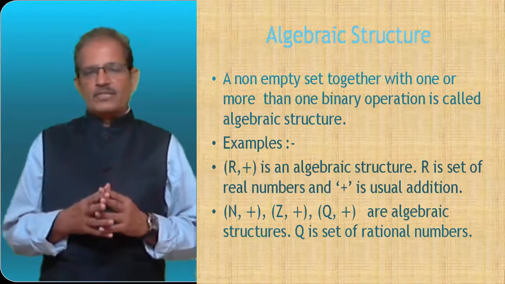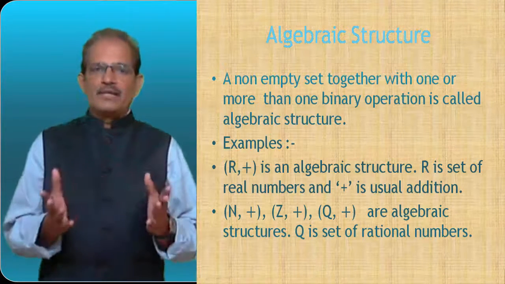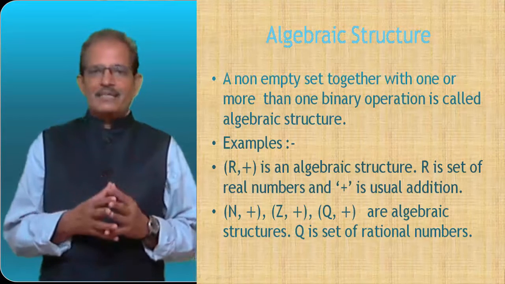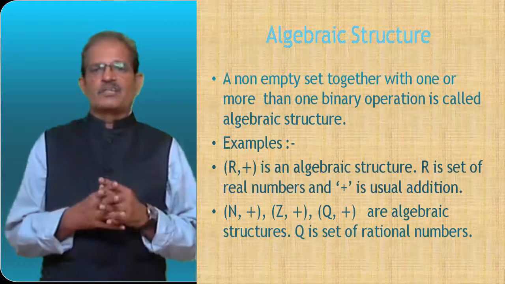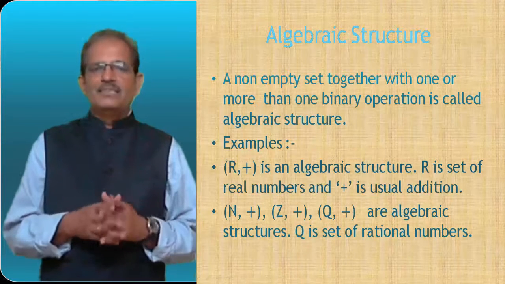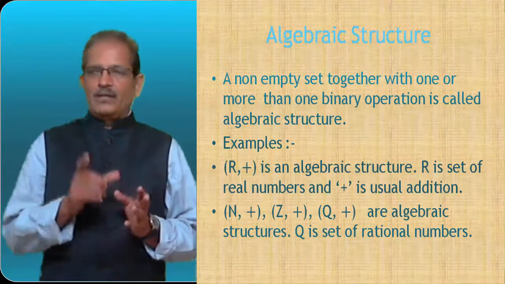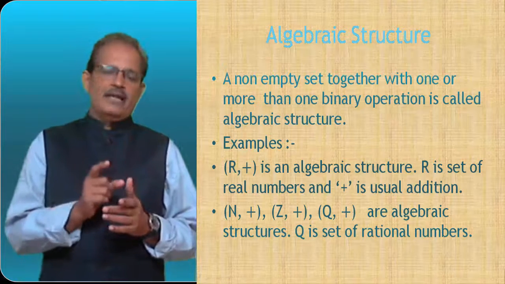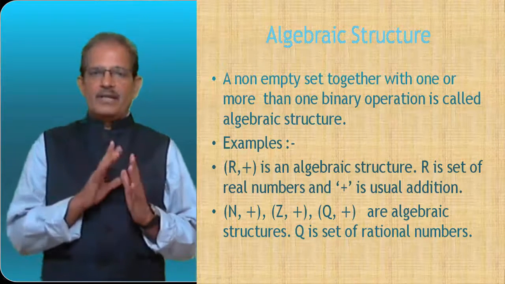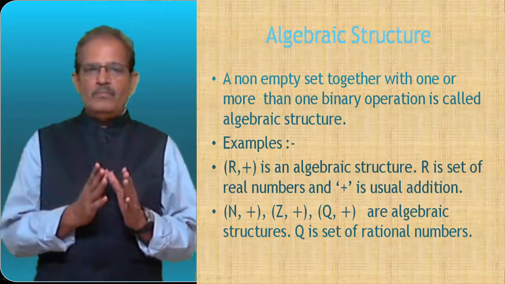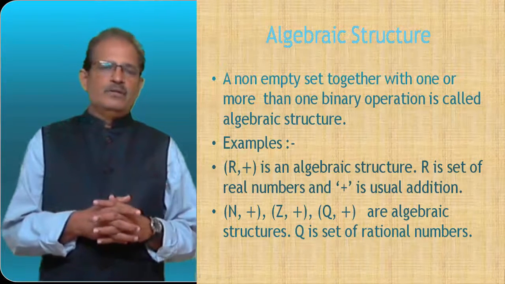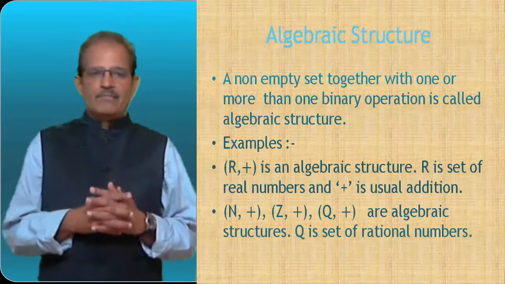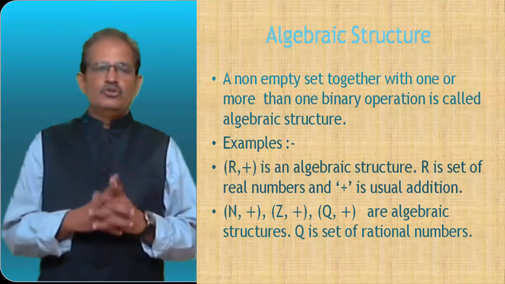Now I would like to discuss algebraic structure. A non-empty set together with one or more than one binary operation is called algebraic structure. A non-empty set with either one or more than one binary operations form an algebraic structure. For example, capital R is set of real numbers, plus usual addition.